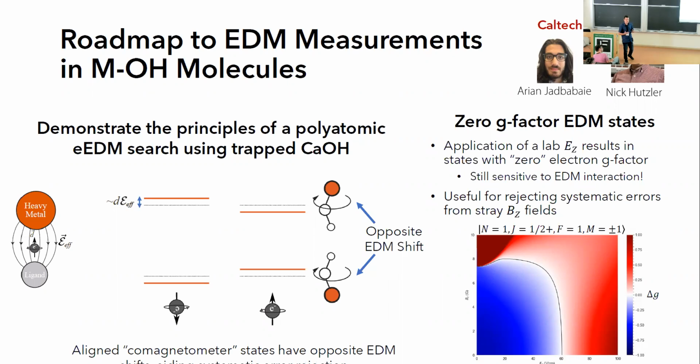These are states that have no sensitivity to the external lab magnetic field, but nevertheless they are still sensitive to an electron EDM interaction. And this is of course very interesting for these EDM searches because many times stray magnetic fields tend to be one of the dominant systematics that these experiments have to deal with.